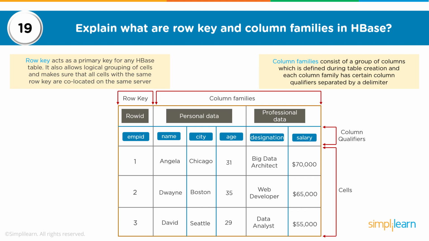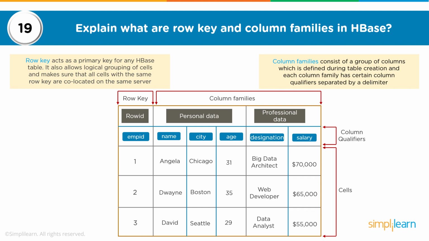Now, you have a row key, which uniquely identifies the row. You have column families, which could be one or many, depending on how the table has been defined. And a column family can have any number of columns. Or I could say, for every row within a column family, you could have a different number of columns.